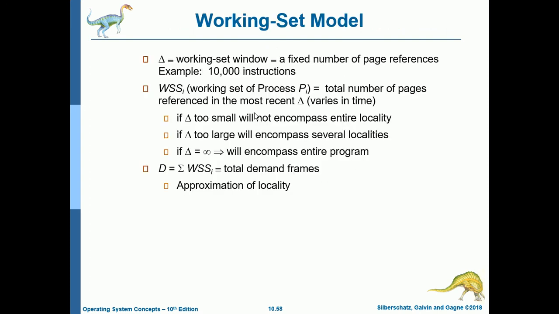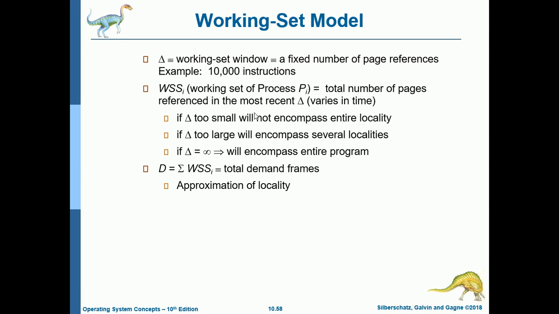Next we have the working set model. We have a symbol here, delta, which is the working set window, a fixed number of page references. For example, 10,000 instructions.